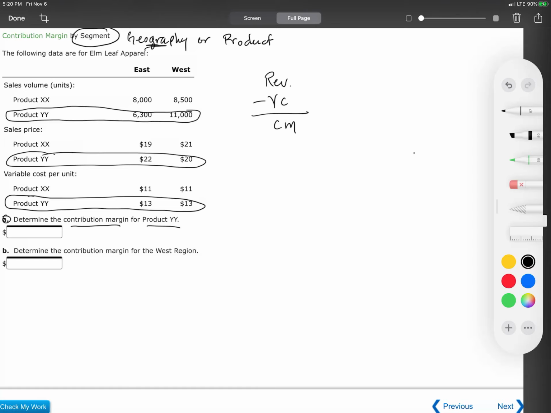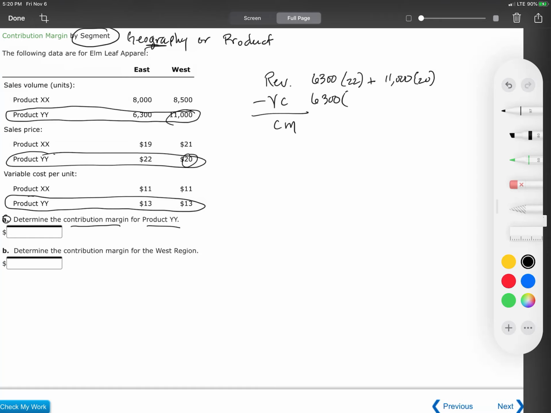Contribution margin is the revenue or the sales, either one, minus the variable costs equals the contribution margin. Okay, so the revenue in the East will be 6,000 units times 22 plus the 11,000 units sold times 20.